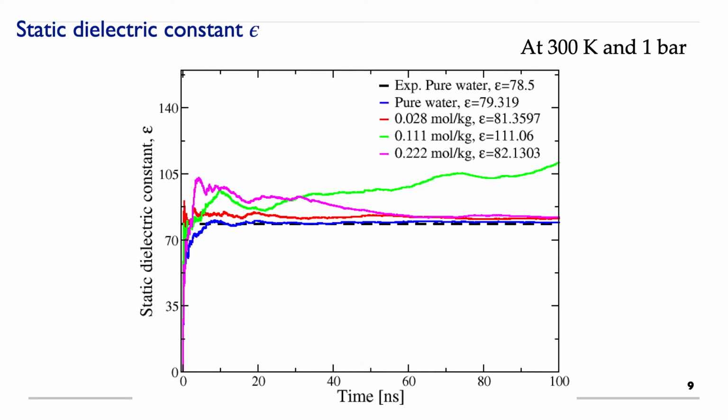So this contributes to the increase in the value of the electric constant. This physical quantity determines the ability of the material to become polarized in the presence of an electrical field. So this mixture favors this polarization.